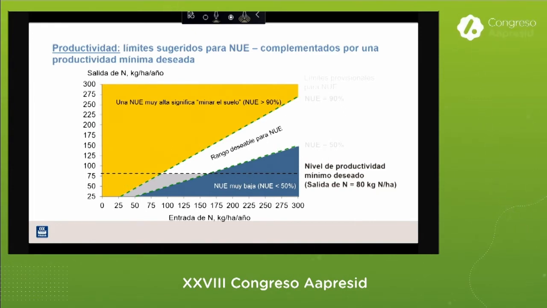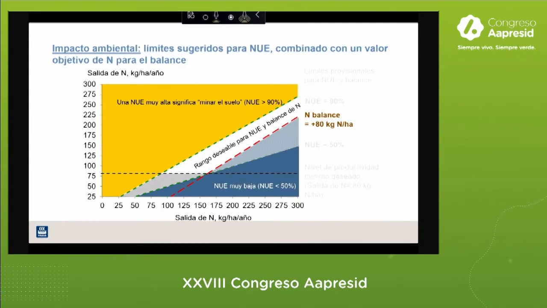And then we have the third dimension that I already mentioned. It's the environmental impact. And here we talk about an absolute value, and that's the so-called nitrogen balance or nitrogen surplus, which is the difference between nitrogen input and output. So the kilograms of nitrogen that have been applied but are not removed with the grain and the harvest.